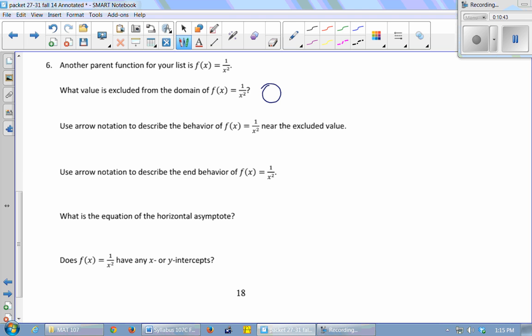So let's think about what happens as we approach that excluded value from either side. I'm going to say as x approaches 0 from the right. As I plug in smaller and smaller values of x, like 0.1, 0.01, 0.001, what happens to 1 over x squared?